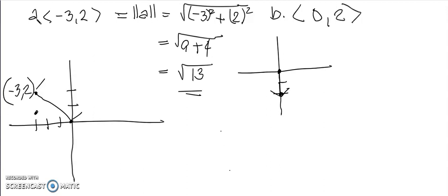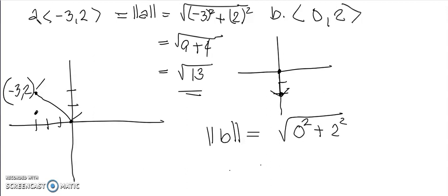To find the magnitude of B, the magnitude of B is equal to the square root of 0 squared plus 2 squared, which is equal to 2. So the magnitude of B is equal to positive 2.